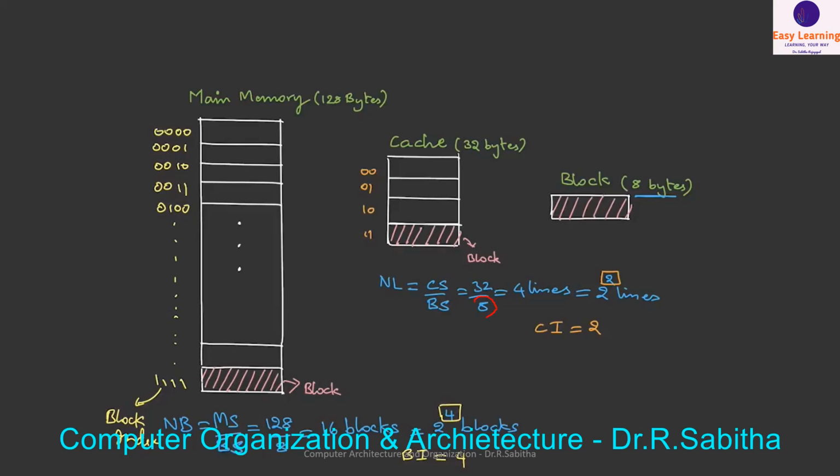Because the block size is 8 for the main memory, it is going to be the same for the cache memory. So it is 32 divided by 8, which is 4 lines. We have 4 lines in the cache. It is represented as 2 power 2. So the number of bits required for your cache index is 2. That is why we have used 00, 01, 10 and 11, 2 bits to access each line of the cache.